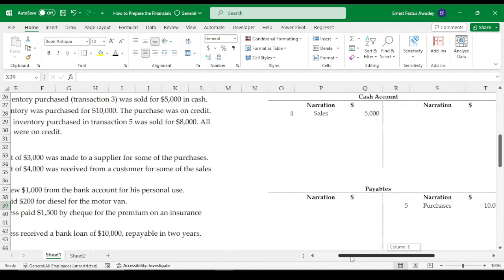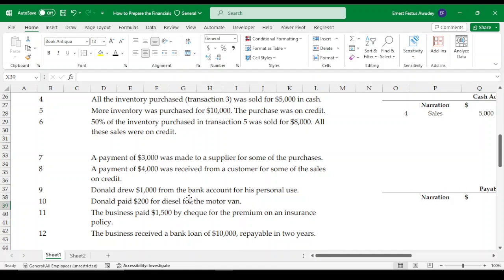So the same logic applies here. The 50% here is actually not something that we have to be concerned with, because we have been given the amount for the sales, and so we are more concerned about the amount for the sales rather than the amount of the inventory that was purchased.